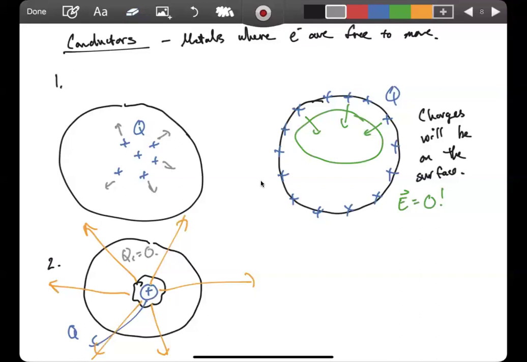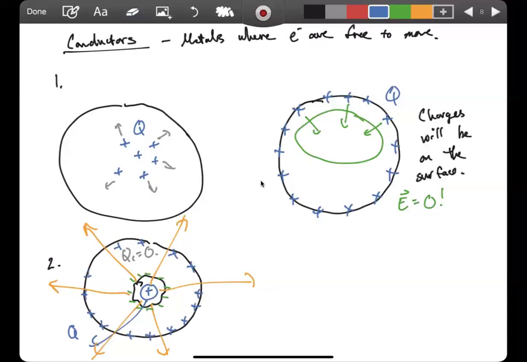Now, because the charges are free to move inside of the conductor, all the negative charges inside the conductor are going to move as close as they can to the positive charge, which means I'm going to have positive charges left over on the surface of the conductor. It's going to do something like this.